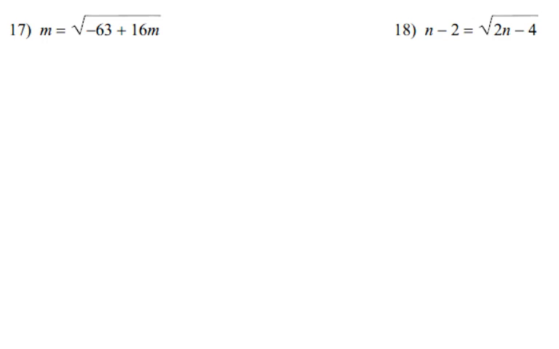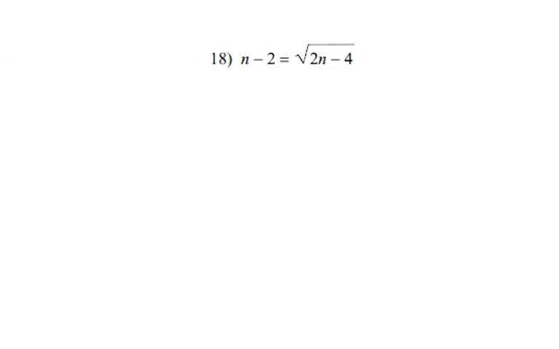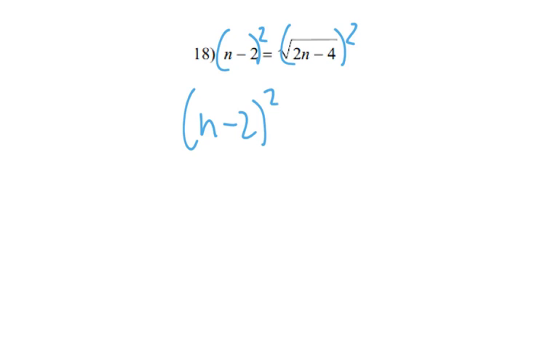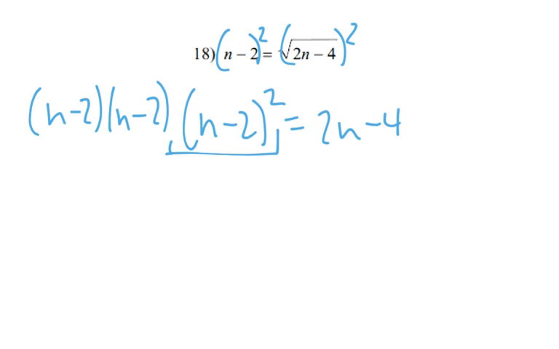Alright, 2 minutes. So I may have to do a bit of work here with a pause so we can have enough time. We've got 3 more problems to go. So this one, we square. Okay, we're going to end up with n minus 2 squared equals 2n minus 4 squared. Well, those got canceled, right? So we're going to have to multiply this. That's like n minus 2 times n minus 2. So I'm going to do a bit of work.